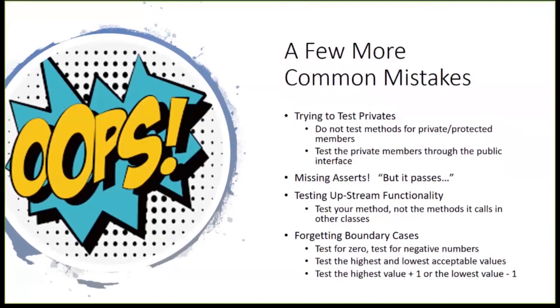All right, now let's get into some smaller mistakes that I see. Trying to test privates. Your privates are none of anybody else's concern, okay? You should, under no circumstance, expose your privates. Now, this is in the context of testing. There's a method that's private.